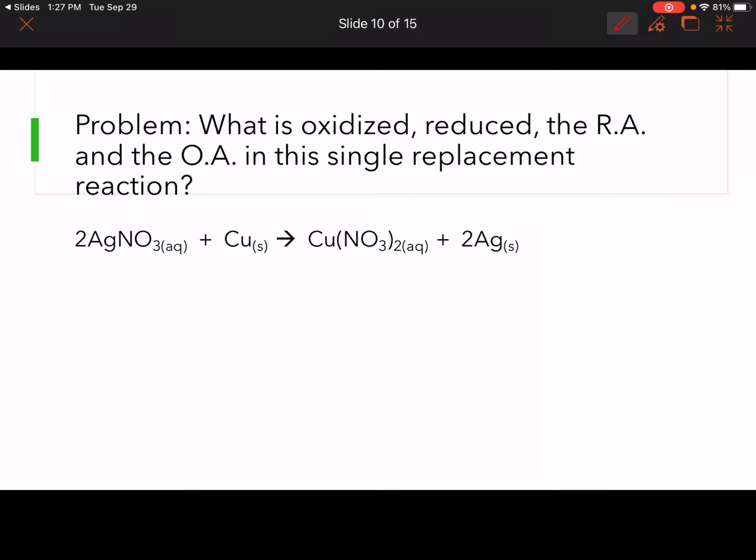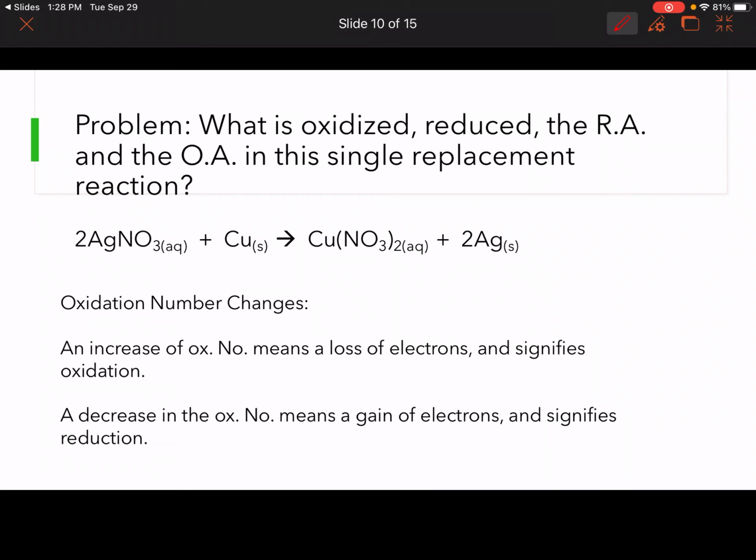Now, these are the kind of problems you're going to see here. So what is oxidized, reduced? What is the reducing agent and the oxidizing agent in this single displacement reaction? Now, how we're going to do this, you're going to use your oxidation numbers to show what is reduced and what is oxidized.